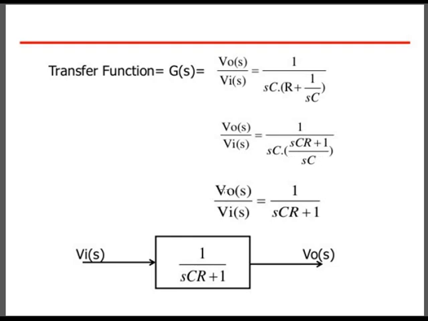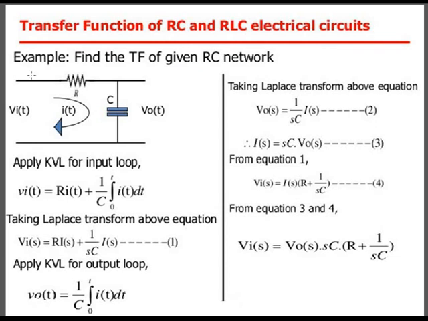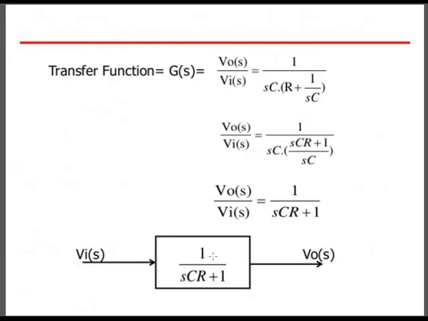Our transfer function becomes Vo(s)/Vi(s) = 1/(sCR + 1). This is our system in the form of a Laplace equation: this is our input in Laplace form, this is the output in Laplace form, and this is the transfer function for this whole circuit. So for this circuit, our transfer function is 1/(sCR + 1).